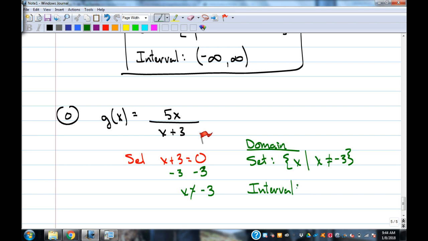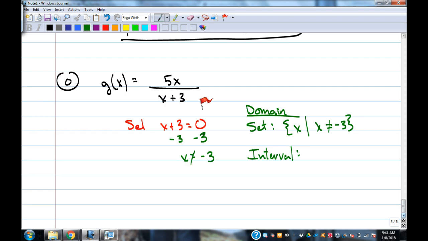Interval notation, a little bit more difficult. The way interval notation works is you're starting from negative infinity to positive infinity. That's where you're starting. So if we think about a number line, negative infinity is down here, positive infinity is up there. What number are we taking out of the game? -3.